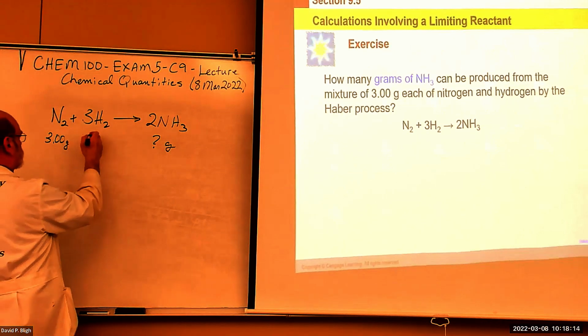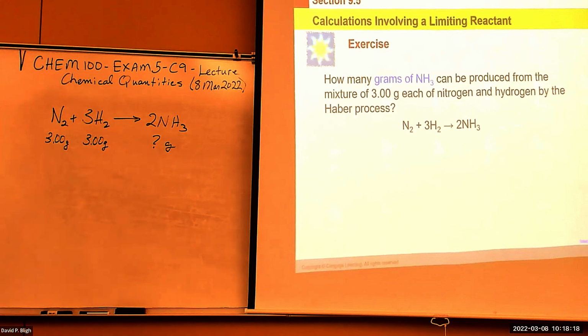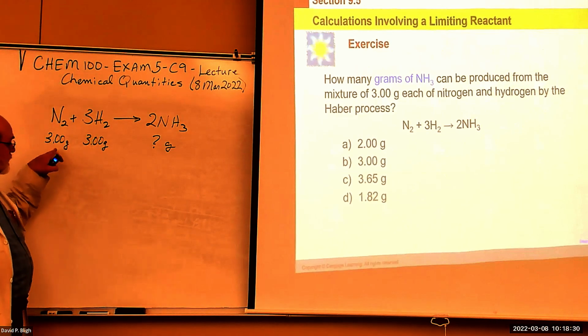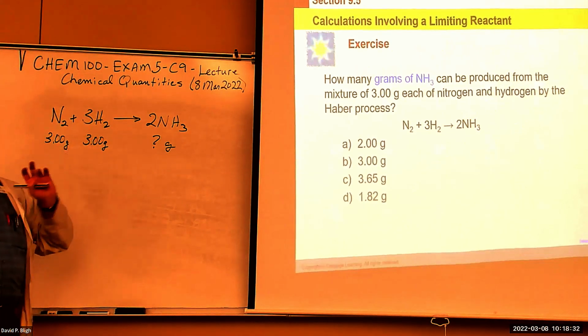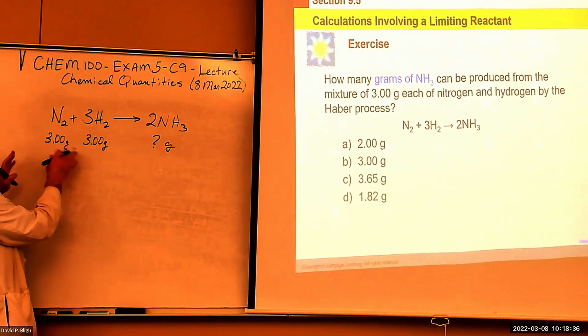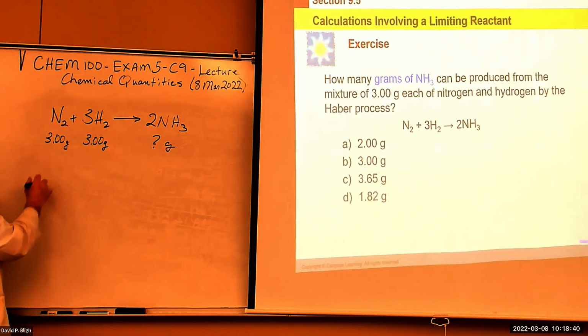Oh, and each 3 grams of hydrogen. All right. There are choices. And there again, you got given amounts for each of the reactants. We know one of them's going to run out. So we need to find out how many moles of this nitrogen do we have first, and how many moles of the hydrogen do we have.